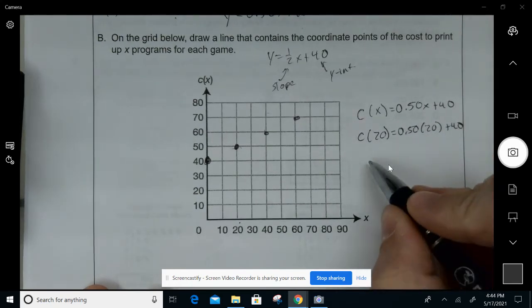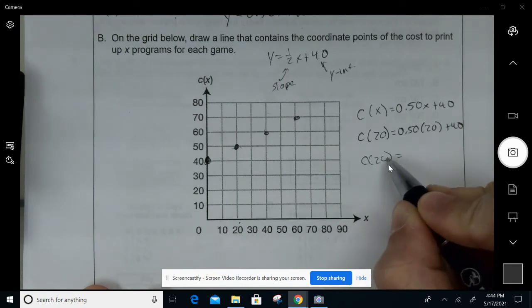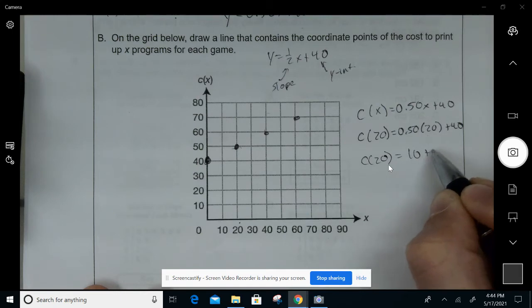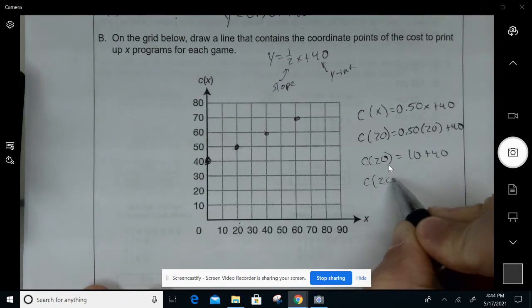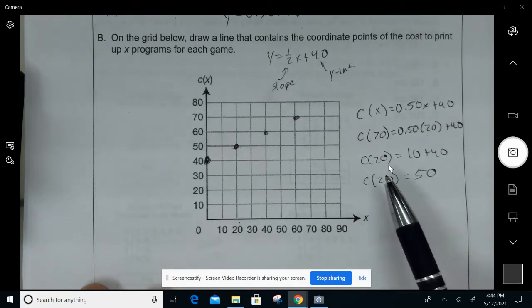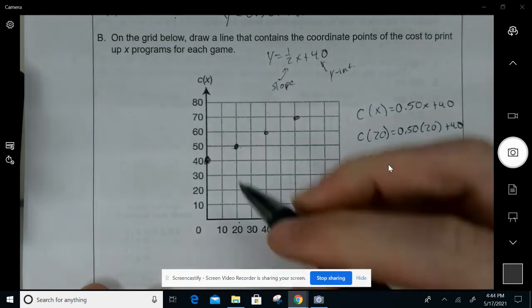So C of 20: 50 cents times 20, or half of 20, is 10, plus the 40, so C of 20 equals 50. So (20, 50) is a point.